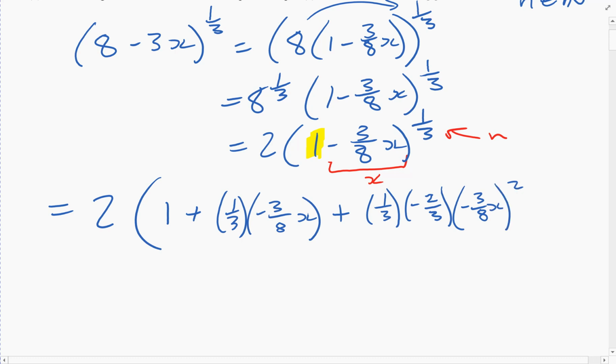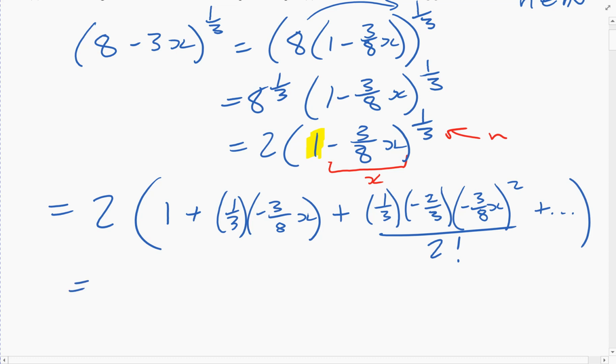Important to put that in a bracket. A common mistake I see is when students forget to put negative numbers in a bracket and then square them, and that's all over 2 factorial. We only need the first 3 terms, so that's fine.